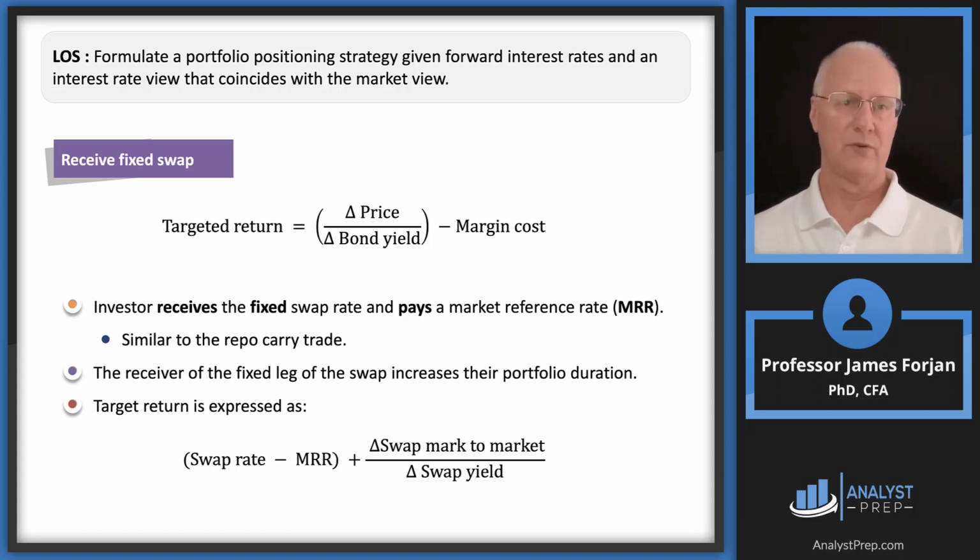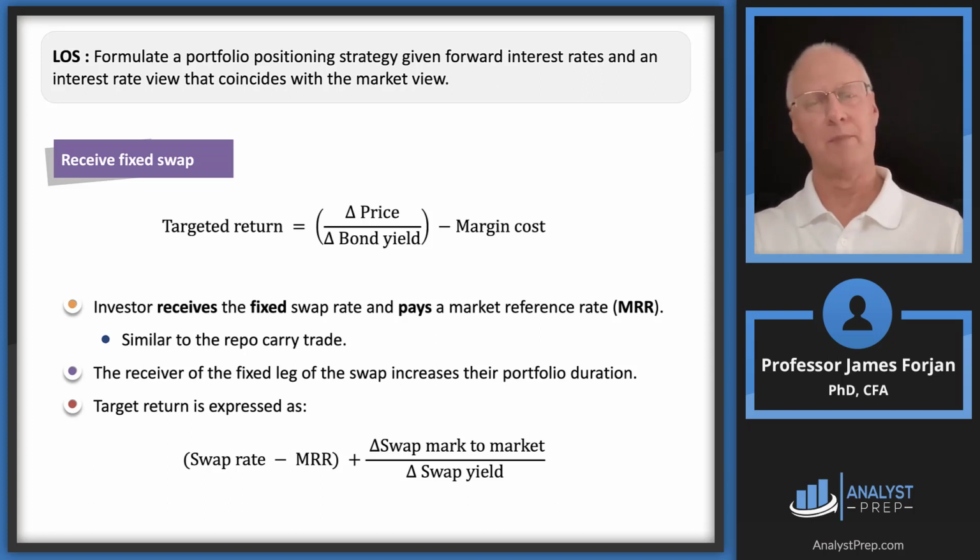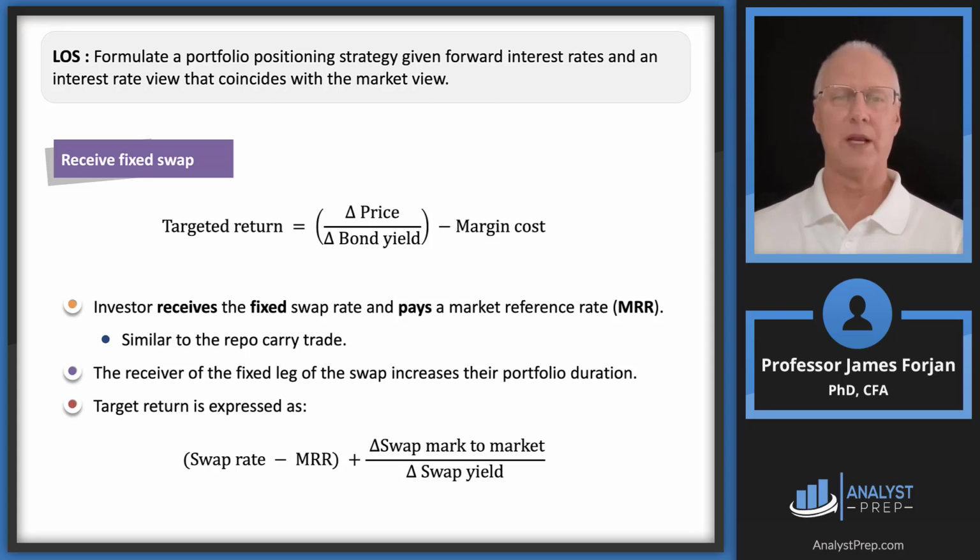Now we can also do this with a receive fixed swap. There's our formula. I think we've seen that before, the targeted return. All we're going to do is receive the fixed swap rate, and pay some kind of a market reference rate. In the old days, it would be LIBOR. Now it's probably SOFR.